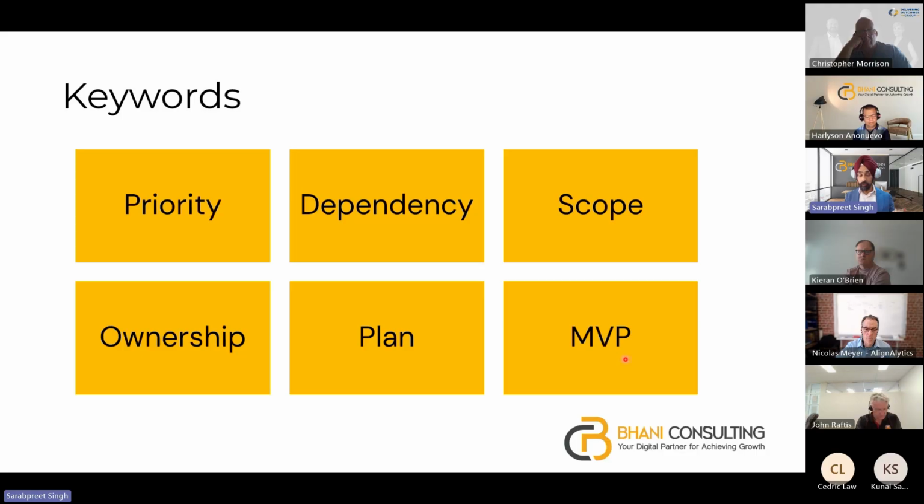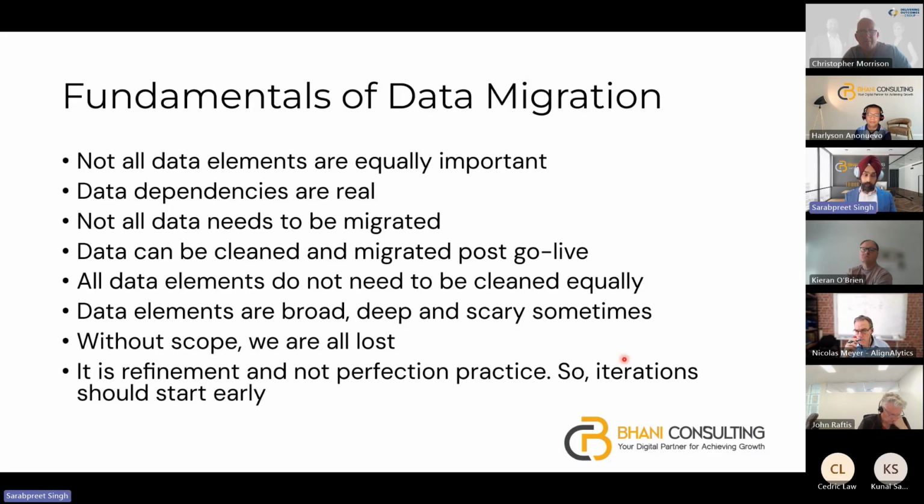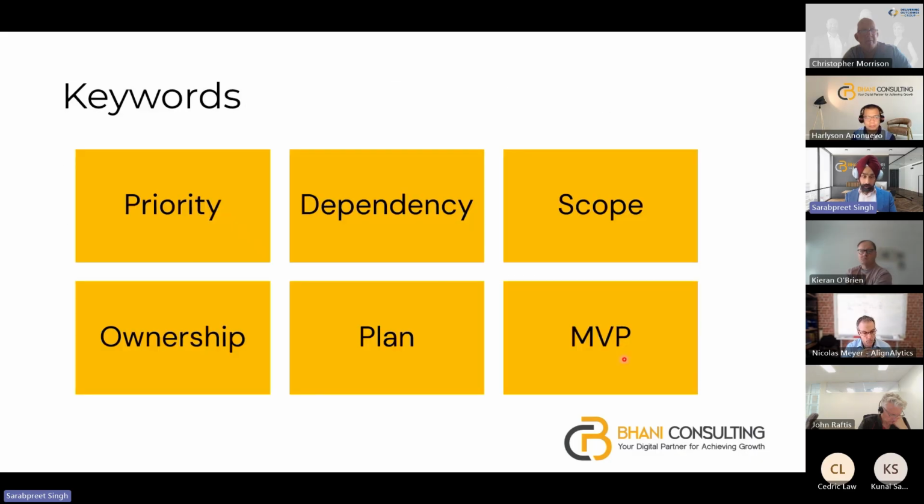That definition should be clear. When I say suppliers must be migrated, this should be the last 5 years and no more. So I have certain boundaries and quality and scope expectations, and that's what I mean by MVP, minimal viable product. These are the themes coming out of the fundamentals of data migration, and this is really where our focus should be.